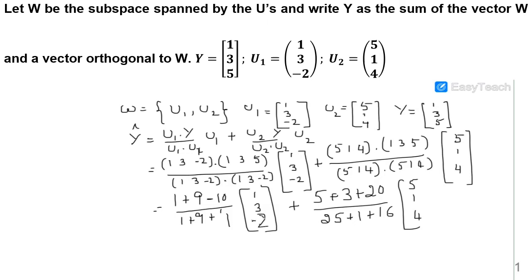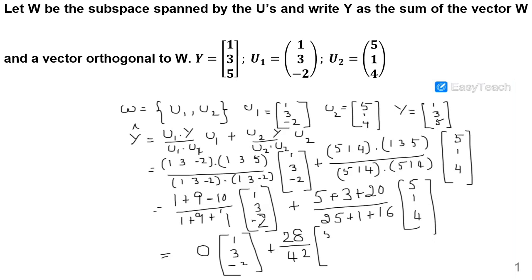So I get this numerator term as 10 minus 10 is 0, multiplied by (1, 3, -2), and here I get 28 divided by 42, multiplied by (5, 1, 4).